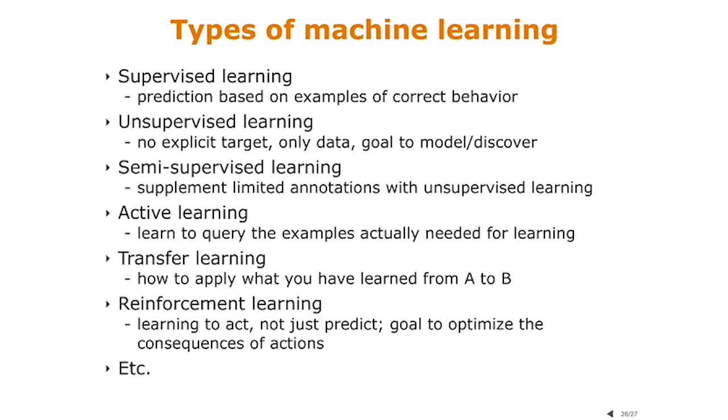Semi-supervised learning is a mix of supervised and unsupervised. Active learning is a problem where the algorithm can itself ask for useful additional examples. If it thinks that knowing the answers to these examples would actually help it learn better, it can actively solicit additional information.